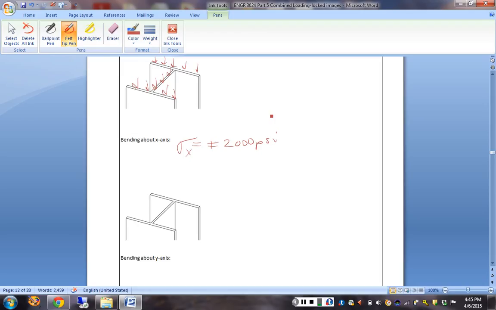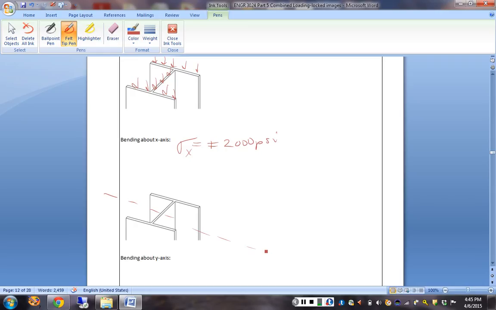Okay, so that's my neutral axis for bending about x. And what does that look like? Do I need to be compressive or tensile on this face? No, it's got to be compressive because that's where our load is.